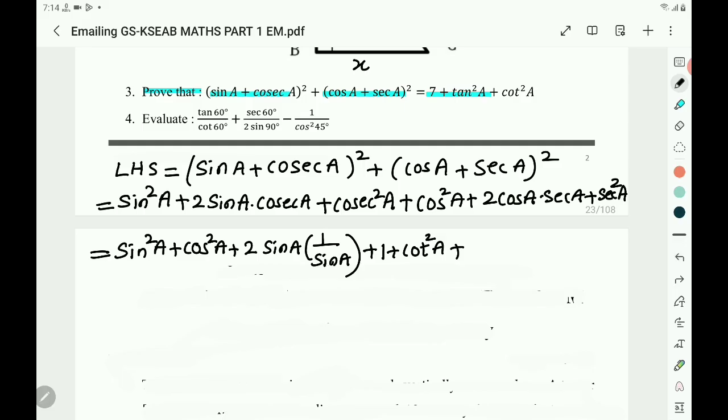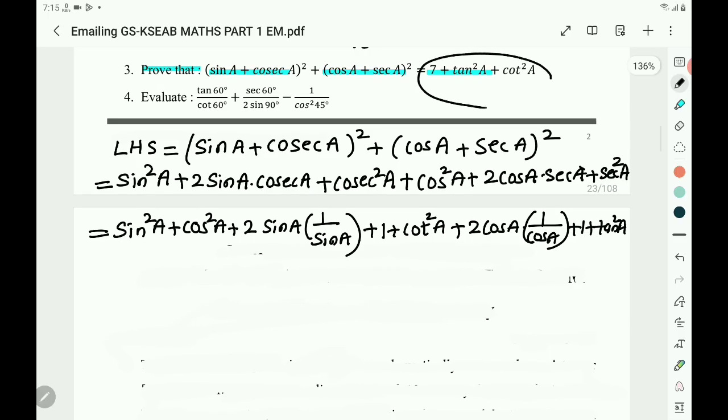Then here you observe cos A and secant A are the reciprocal of each other, so express one in terms of the other. Write cos A as it is, and secant A is 1 by cos A. Then secant square A can be expressed as 1 plus tan square A. Here the RHS is only in terms of tan and cot.